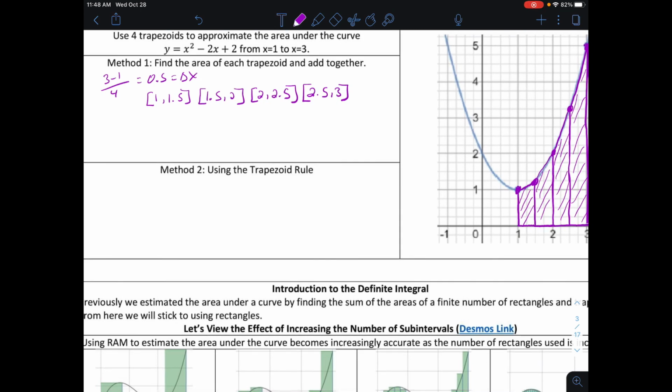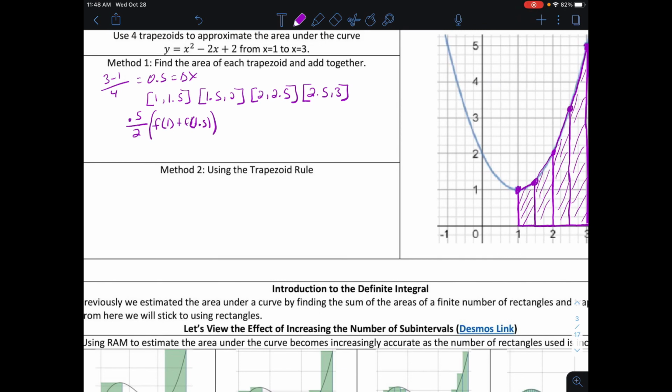So the area of my first trapezoid, which is working on that very first subinterval on the left, is h, which is the width. The width of that subinterval is a half, divided by 2, times the sum of the bases. Well, the bases of the function are the y values at the 2 endpoints. So f of 1 plus f of 1.5.